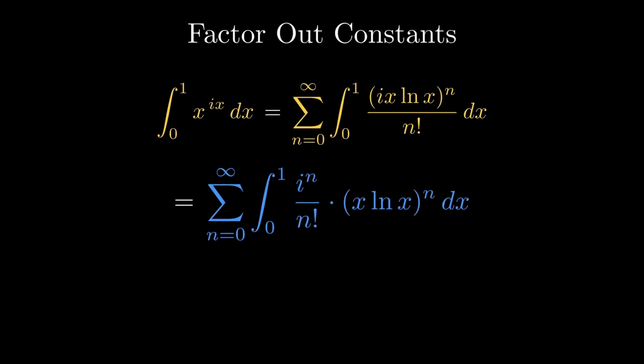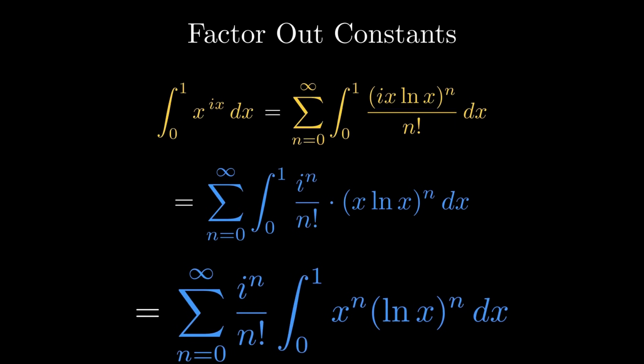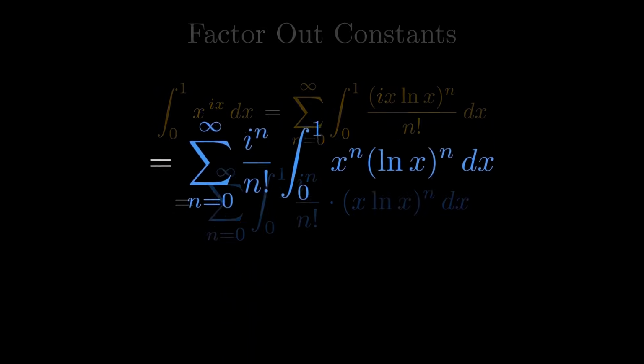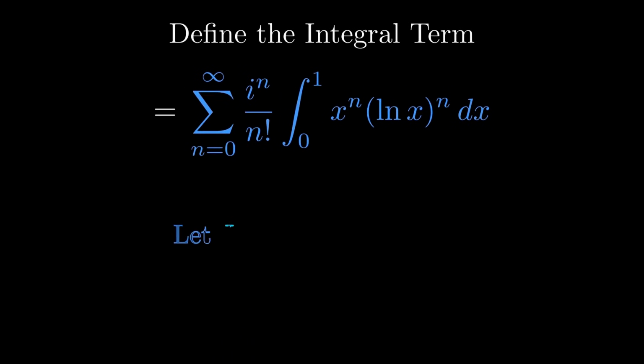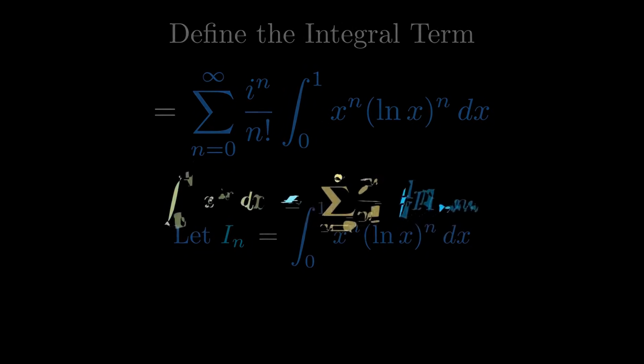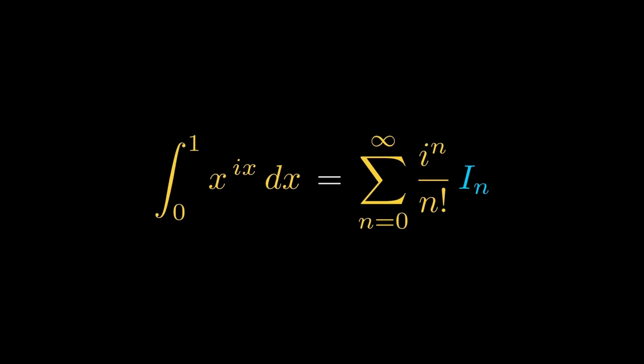So the whole expression becomes the sum from n equals 0 to infinity of i to the n over n factorial times the integral from 0 to 1 of x to the n times natural log of x to the n dx. To keep it clean, define that integral as a single symbol. Let I_n equal the integral from 0 to 1 of x to the n times (ln x) to the n dx. Then the final form is simple. The integral equals the sum of i to the n over n factorial times I_n.